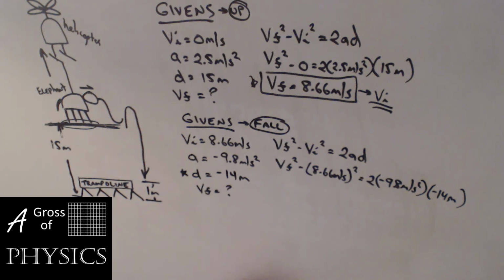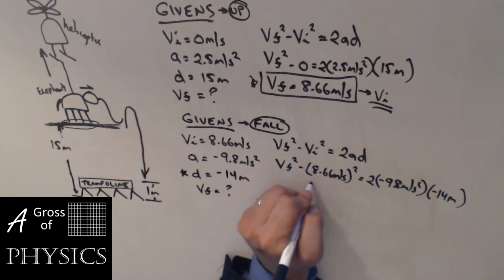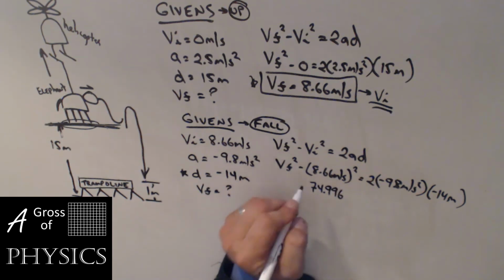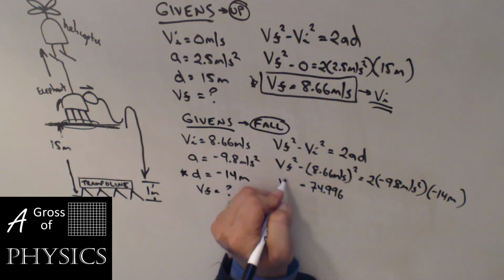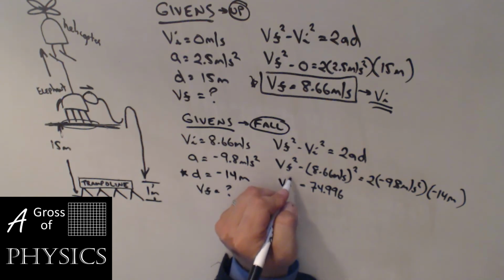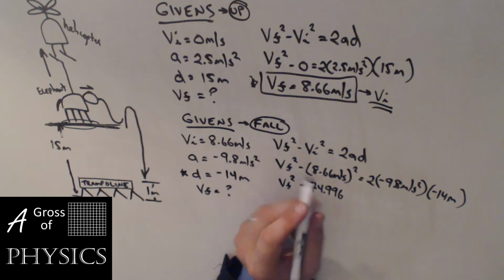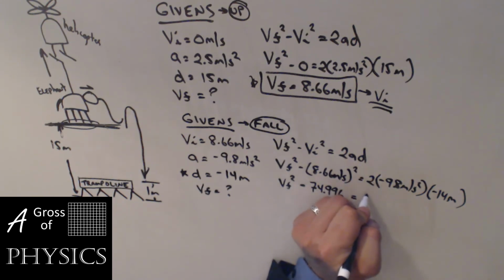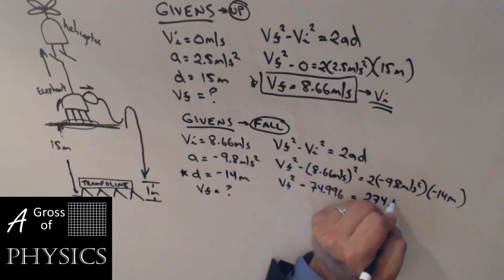All right, first and foremost, I'm going to do 8.66 squared, and I'm going to get 74.996. The negative stays because it's outside the parentheses. So VF squared minus 74.996 equals, and then you have 2 times 9.8 times 14. We'll worry about the sign in a second. 274.4.